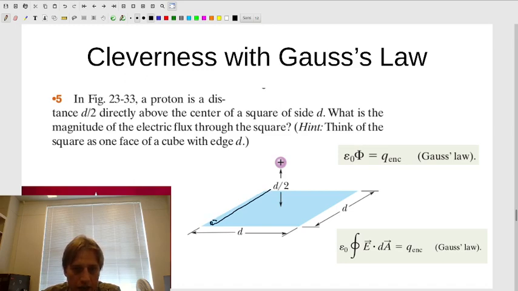So you'd have a dA that's pointing this way, and then your dE would be pointing out like that. So finding the little fluxes and then doing the surface integral would be quite tough.